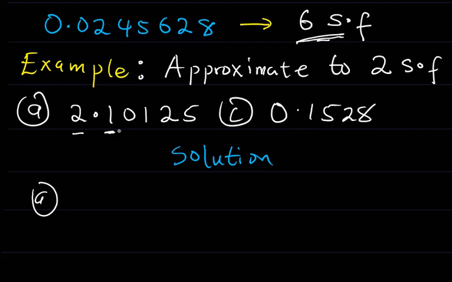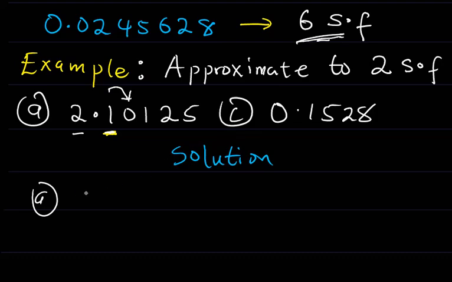That means this digit 1 is the second significant figure, so I want to approximate at this digit. What I would do is check the number after the digit to see if it is 5 or above. If it is, I add 1 to this number. Otherwise, I ignore the following digits.